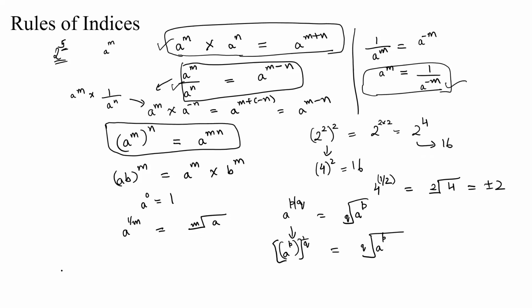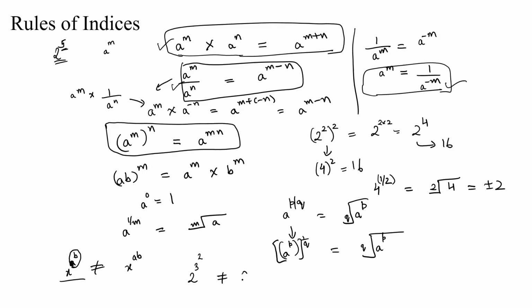Now you have something called x raised to power a raised to power b. This is not equal to x raised to power a into b, because in this case what you are doing is you are firstly calculating this a raised to power b, and then you are raising x to that power. For example, you have the number 2 and 2 raised to power 3 raised to power say 2.